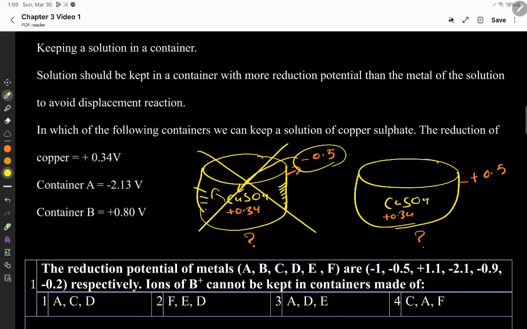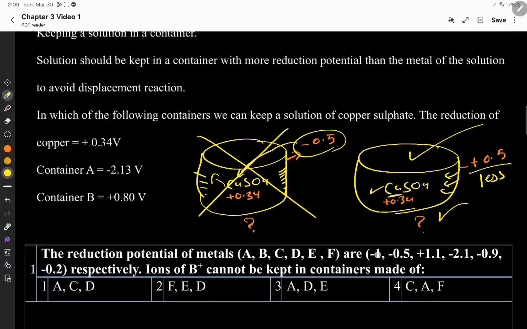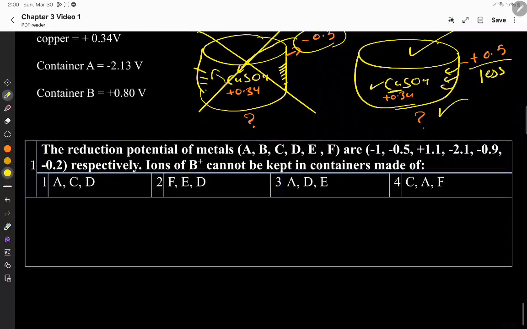But let's see this one. The reduction potential of this container is positive 0.5, so it is less reactive than copper. We can keep the solution in this container because this container will not dissolve in the solution. It will not displace copper. Let's see here.